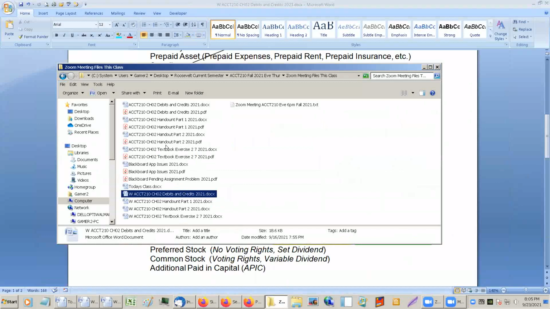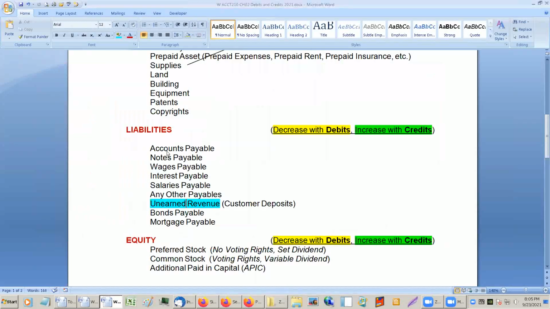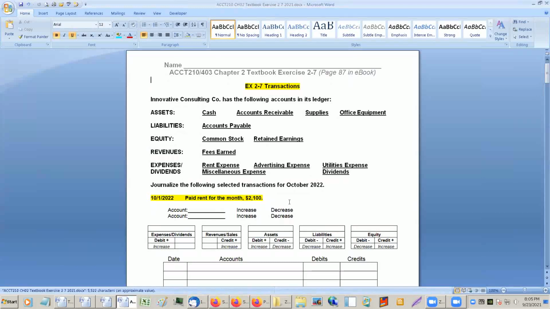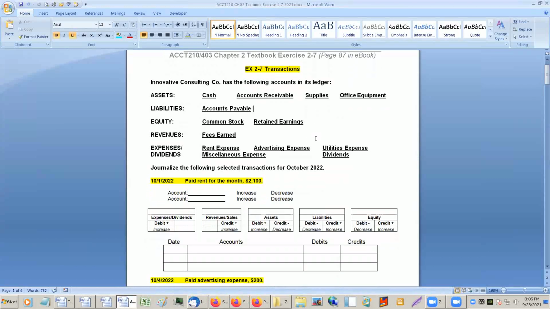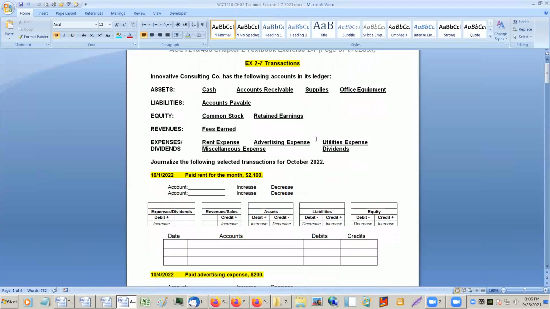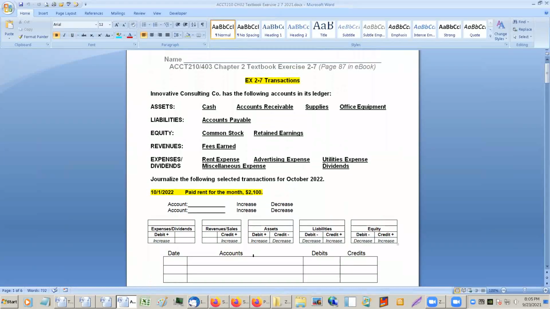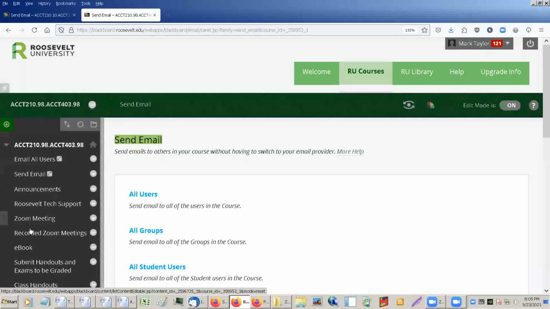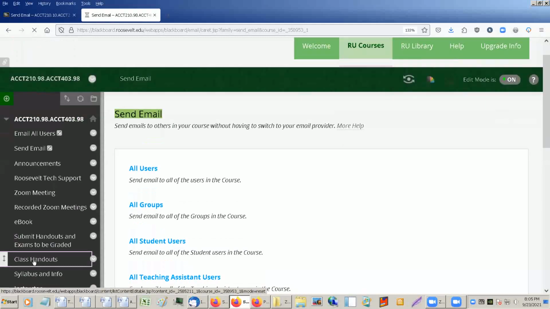Now I sent out another handout, exercise 2-7 in the textbook, just before class. It's also in the class handouts, I think.